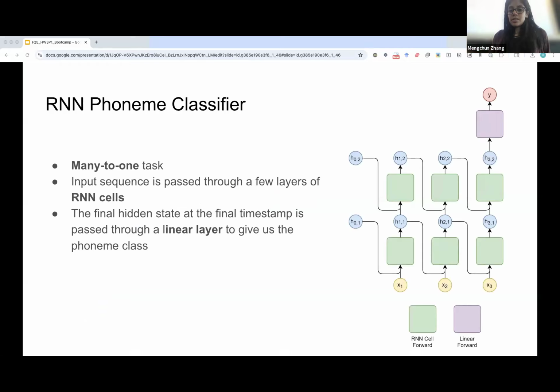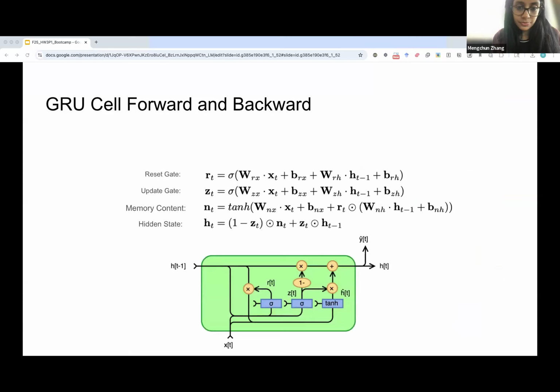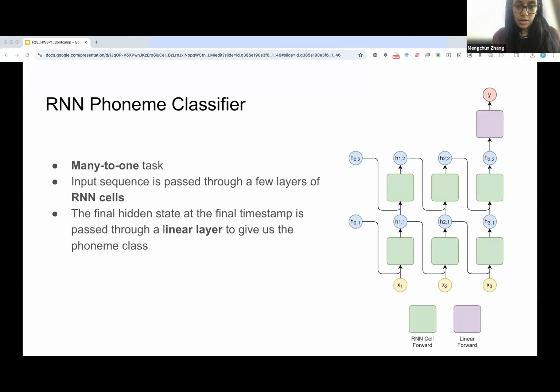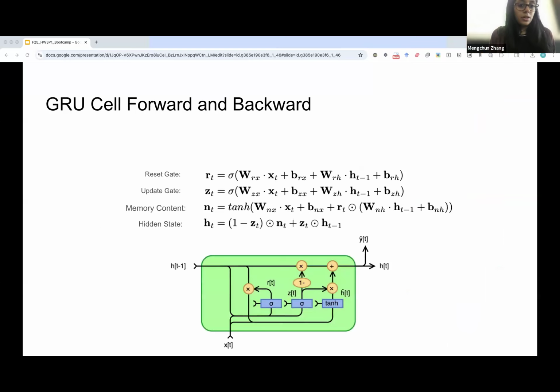That's processing a sequence instead of independent sounds. So I like to model it as a many-to-one task. You are given a sequence of inputs and you are expected to get one output. Okay, so that was the RNN cell and RNN phoneme classifier.